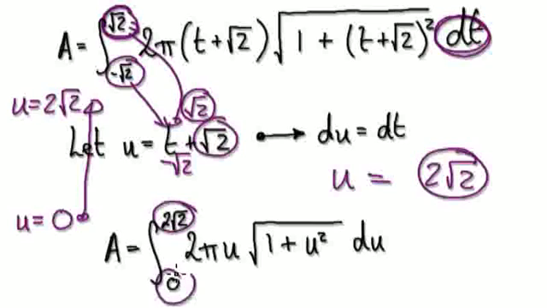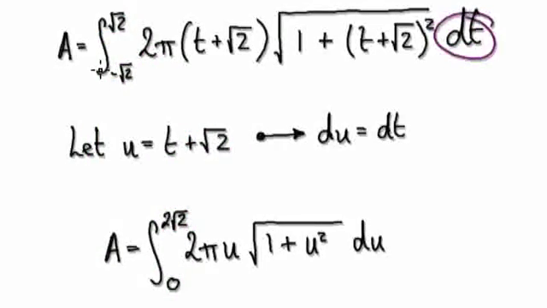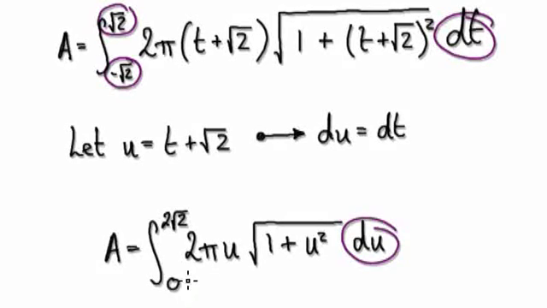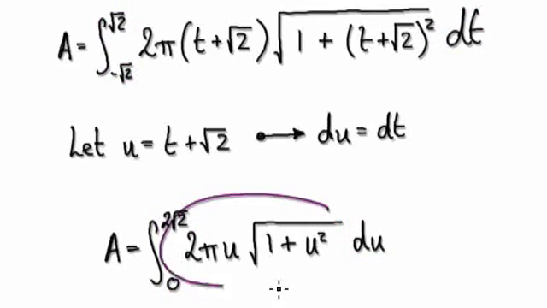So that's this bit here, and that's this bit here. In the dt realm, we are integrating from t equals minus root 2 to t equals positive root 2, but in the du realm, we are integrating from 0 to 2 root 2. Anyway, it boils down to us integrating this.